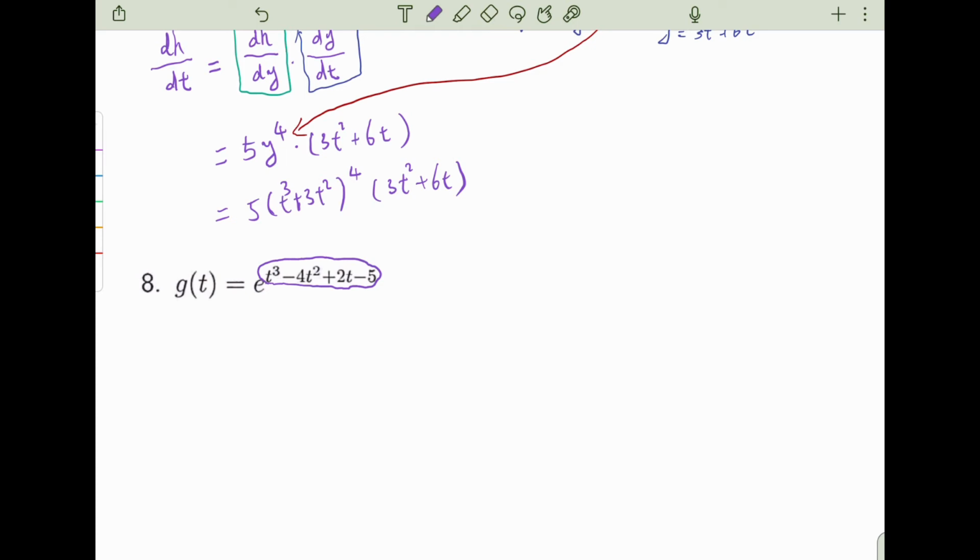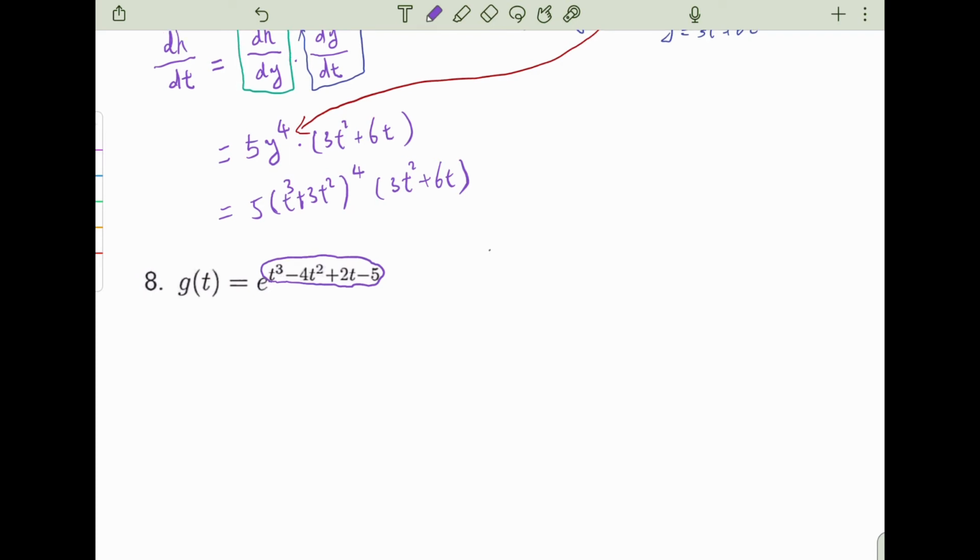So we can write this as g equal to e to the y, while y is equal to t to the 3 minus 4t squared plus 2t minus 5. We decompose it into 2 parts.